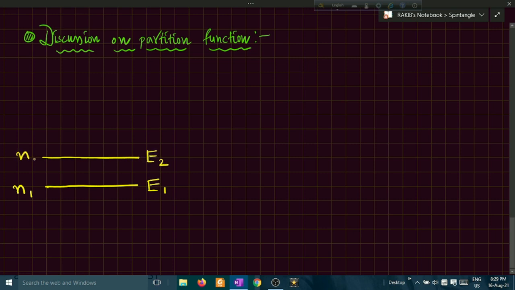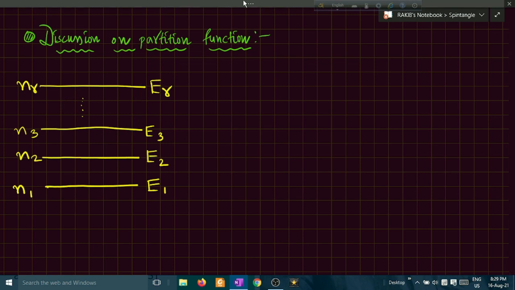In this you have N2 systems. And here is E3, and you have N3 systems, and so on. And here is the energy level ER, and you have NR number of states having this energy.